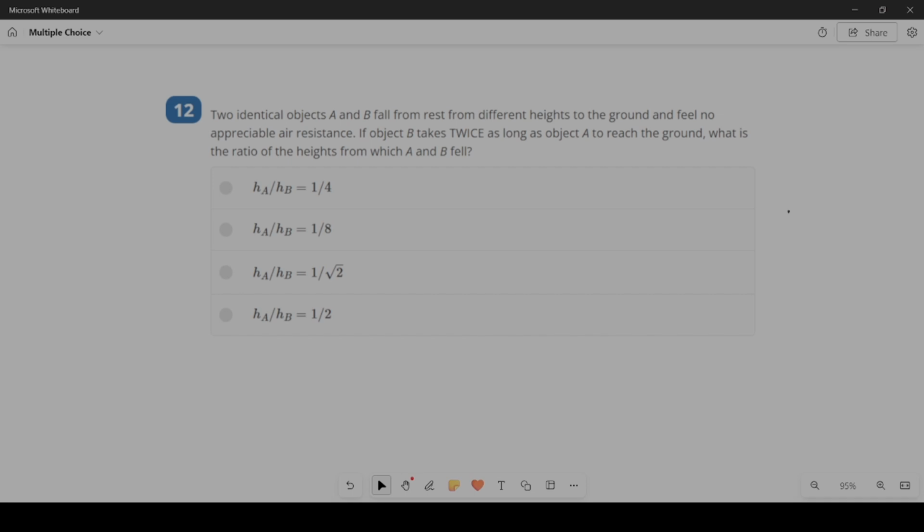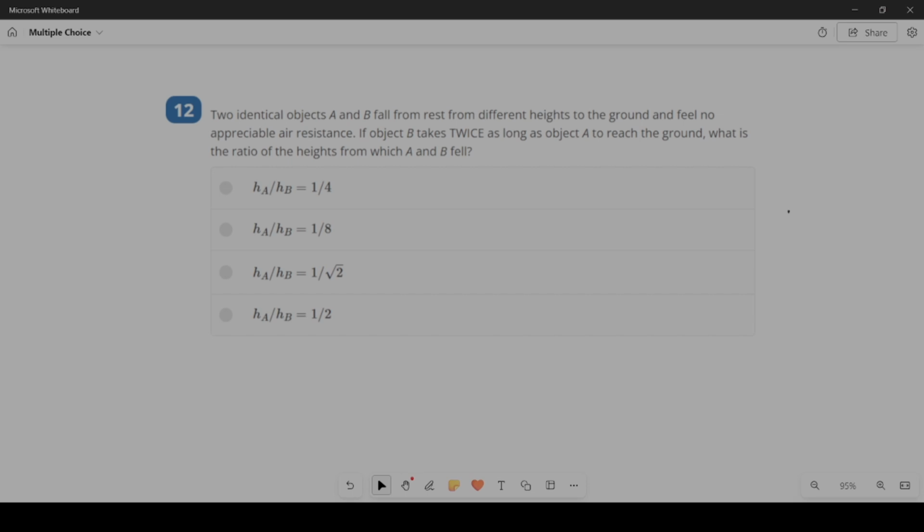For instance, this is going to be the first problem. Two identical objects A and B fall from rest from different heights to the ground and feel no appreciable resistance. If object B takes twice... you know what? If you want to read it, just pause the video.